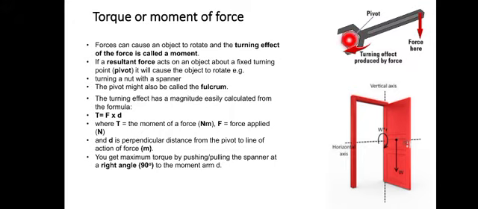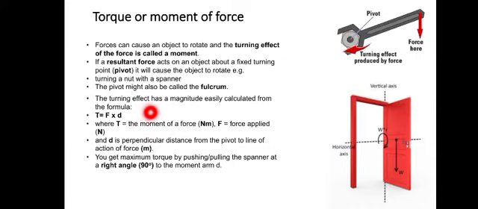If we increase this moment arm, this distance, then the turning effect will be larger. Similarly, if we apply more force perpendicularly, then the turning effect produced will be larger.